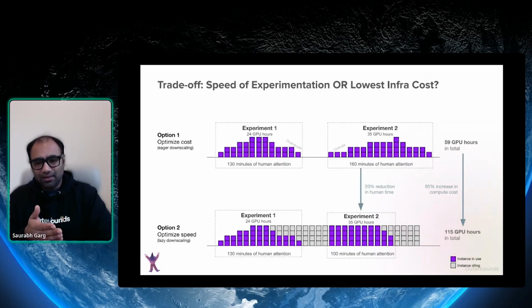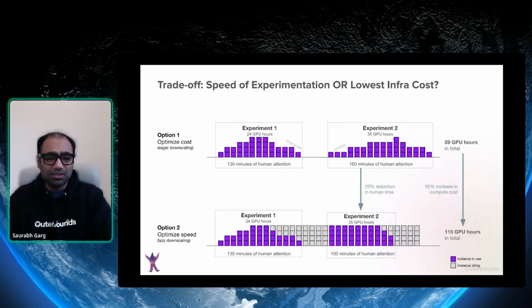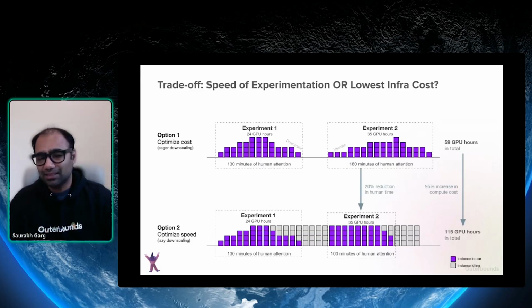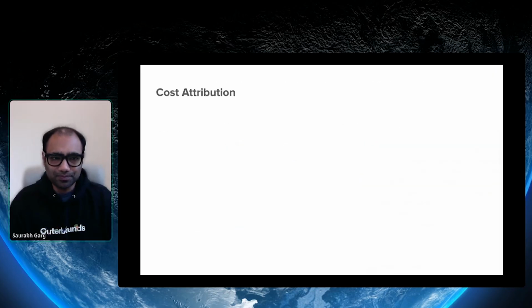And the fun part is the reduction in human time was only 20%, but the increase in compute cost was 95%. So that trade-off depends on the case. There's no right or wrong answer to any of this, but it really depends on your use case.